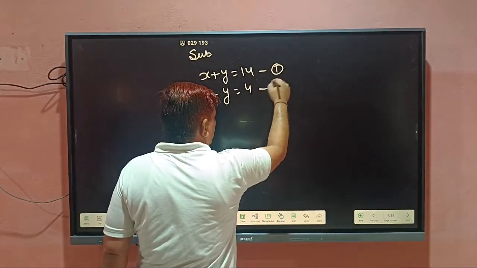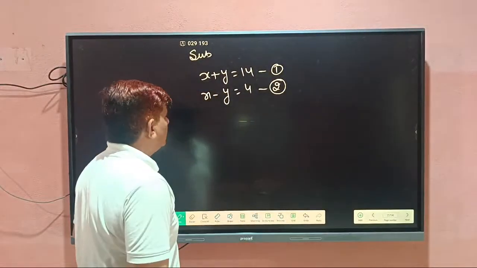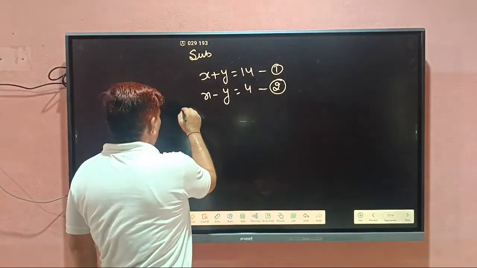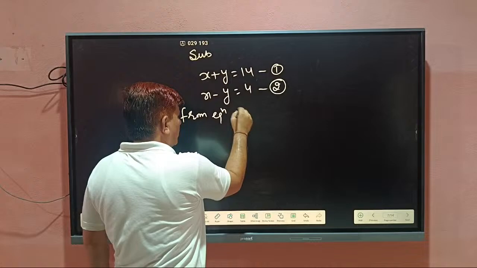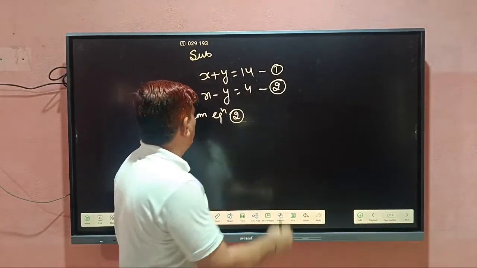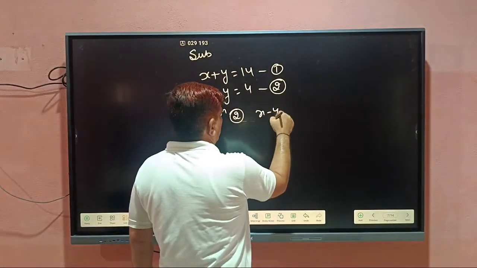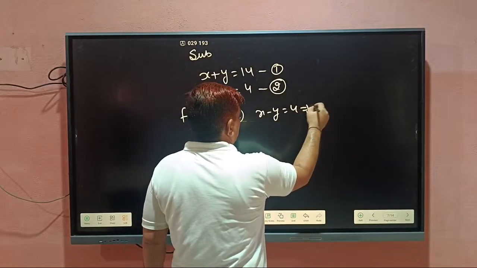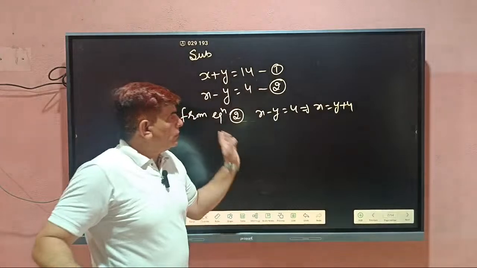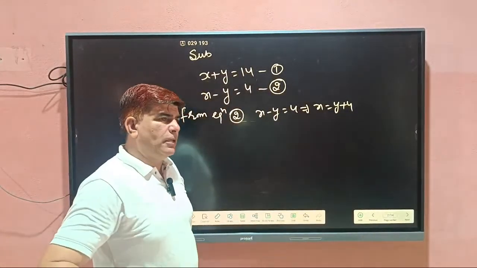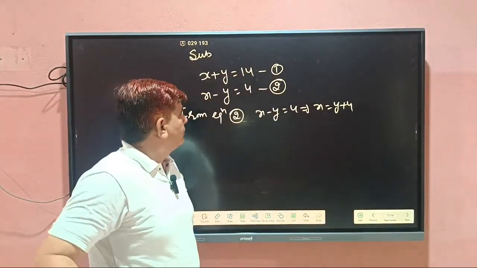This is your equation number 2. So what you can say? From equation 2, it's not compulsory that you take equation 2, it depends on you. x minus y is equal to 4. This implies x is equal to y plus 4. Y goes to the right-hand side from the left-hand side, so its sign changed.